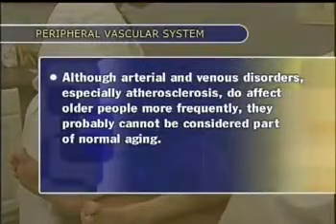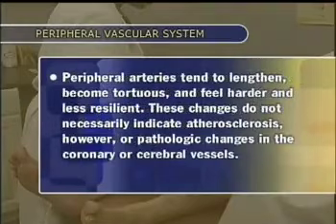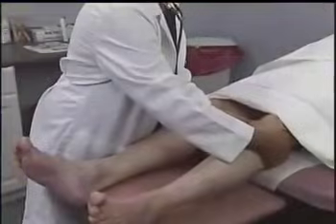Although arterial and venous disorders, especially atherosclerosis, do affect older people more frequently, they probably cannot be considered part of normal aging. Peripheral arteries tend to lengthen, become tortuous, and feel harder and less resilient. These changes do not necessarily indicate atherosclerosis, however, or pathologic changes in the coronary or cerebral vessels.